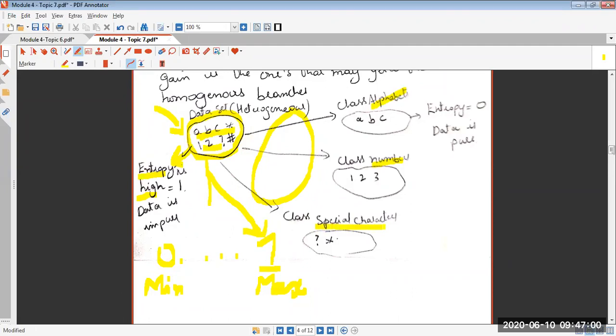So 3 classes. So now you should build a decision tree in between, which will take this data set, which is heterogeneous, and decide on a class, okay, which is homogeneous, because we understood all the elements inside a class, okay, all the data objects inside a class will be similar to each other.